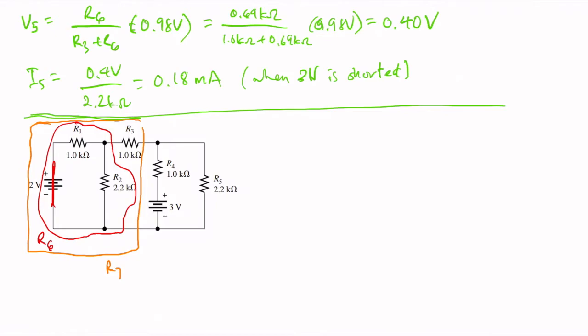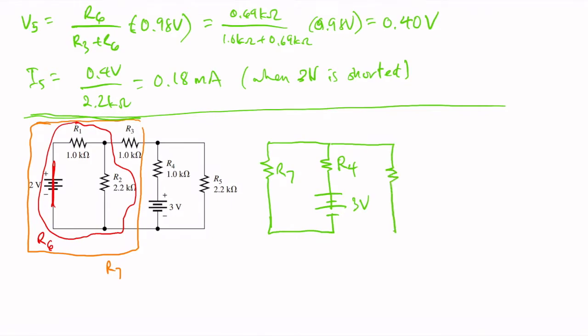So if we redraw this, we have our R7 like this. Then we have R4 in series with our source voltage of 3 volts, then R5.